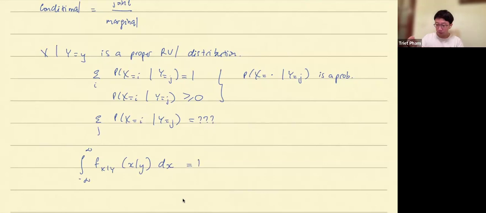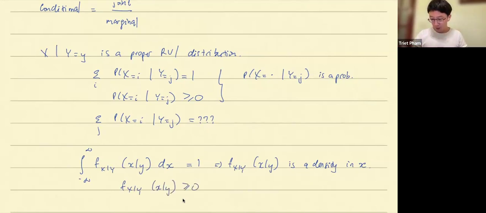And of course, this is non-negative. And so it is a distribution. It is just arrived at, or just defined, using conditioning.